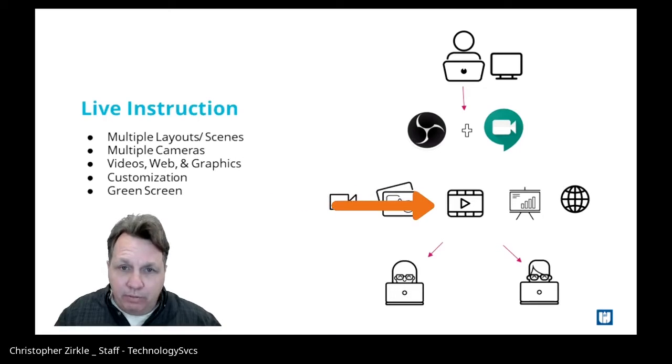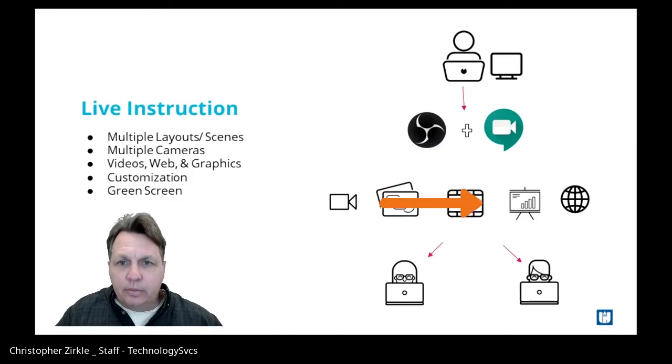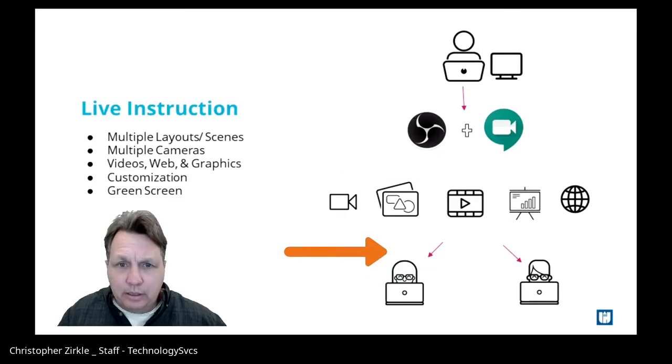You can bring in video. Now your video in a live instruction won't have audio because your audio is coming from your mic. When you're screencasting though, we'll talk about that in a moment, you can bring in audio as well. And of course, here's my presentation, what you're seeing now, and you can bring in web content. And all of this is what your students will then see.